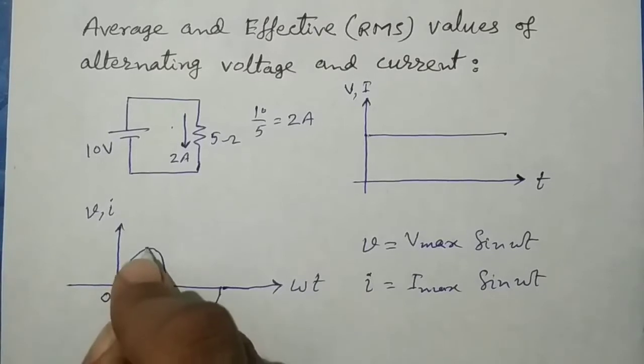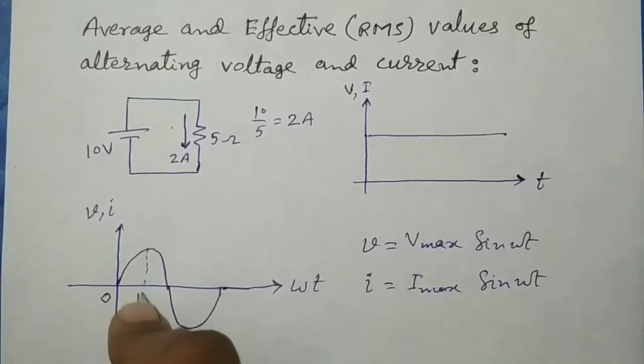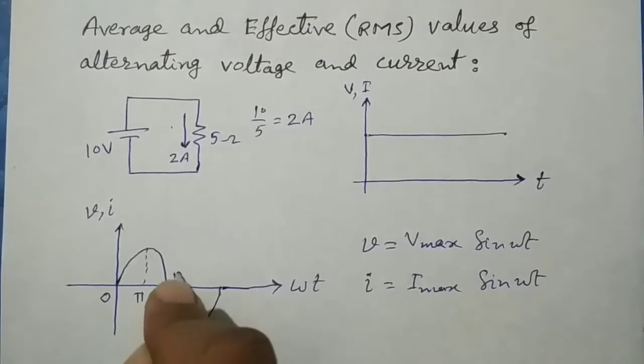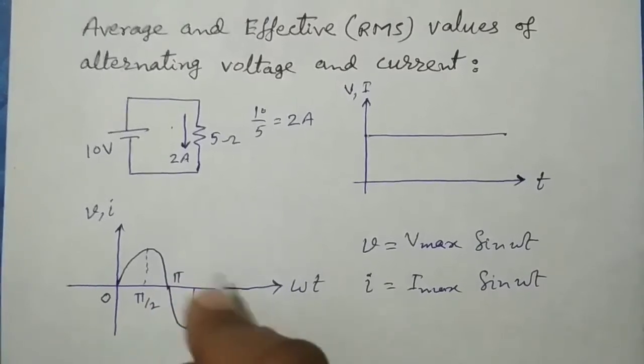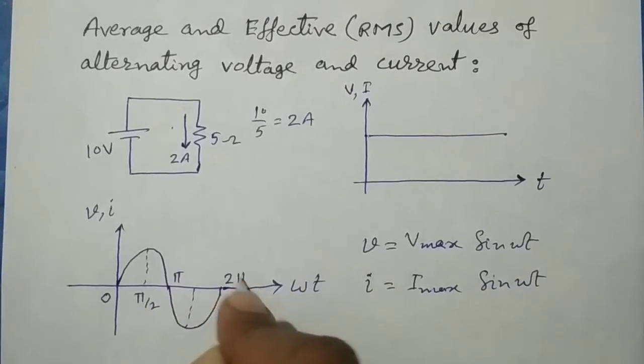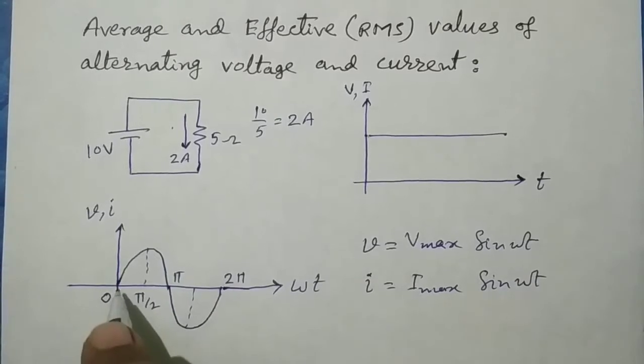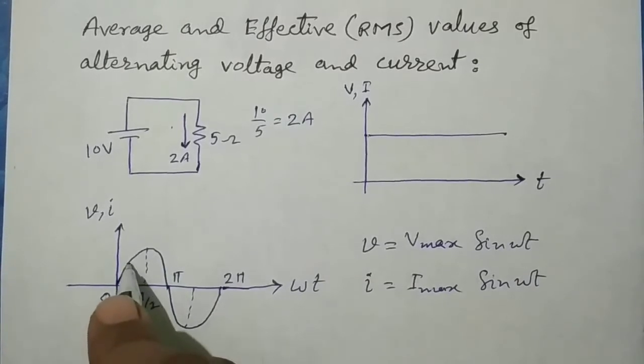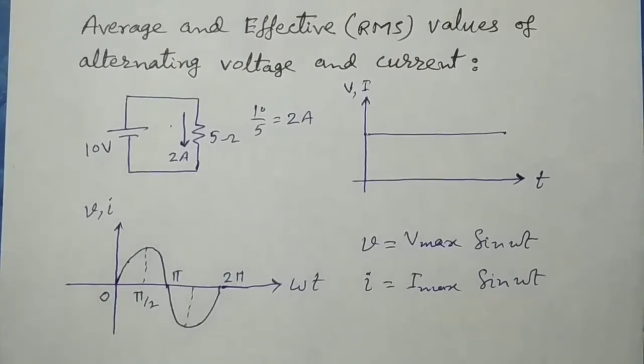As we can see, the value of the voltage or current is continuously changing with respect to time. That means at any instant their value will change just after the instant.